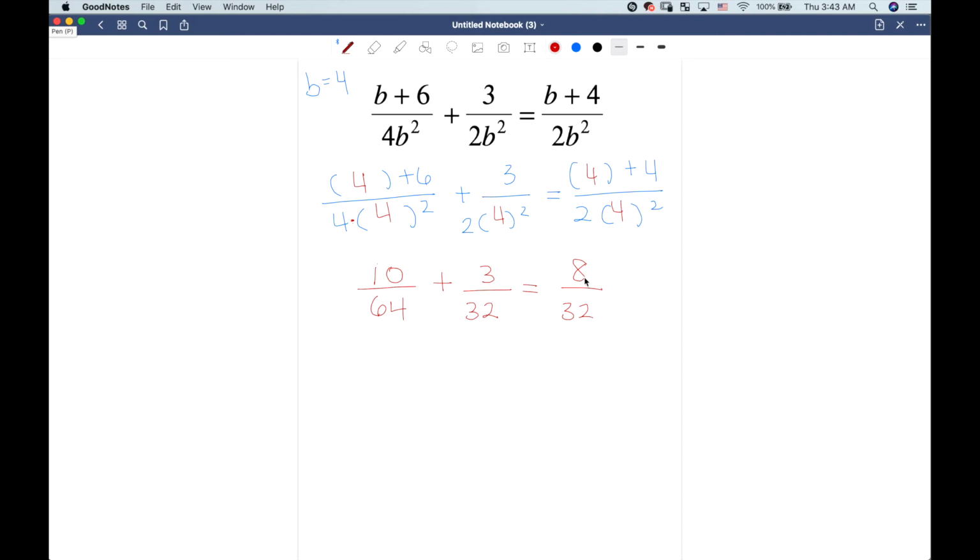Okay, but if you notice, my denominators are not the same. The first method is to simplify this fraction, 10 over 64. They have 2 in common, so if I divide by 2, I can get 64 to match the 32. The other way is to switch the 32 to match 64 by multiplying it by 2.